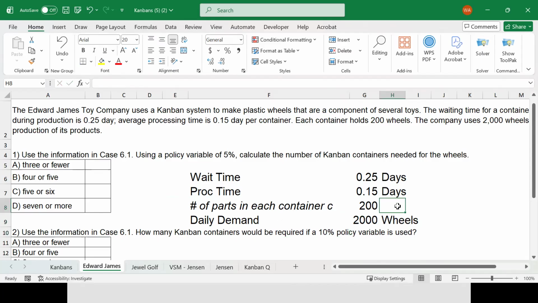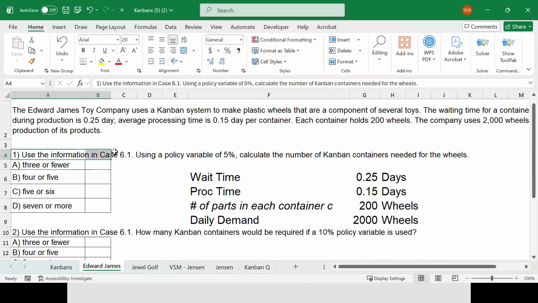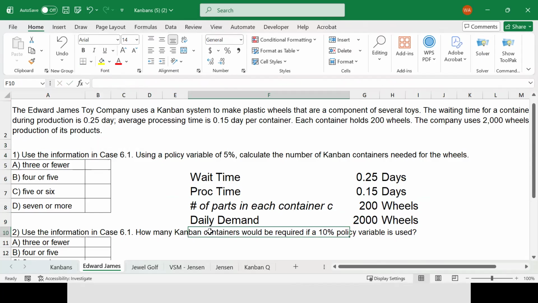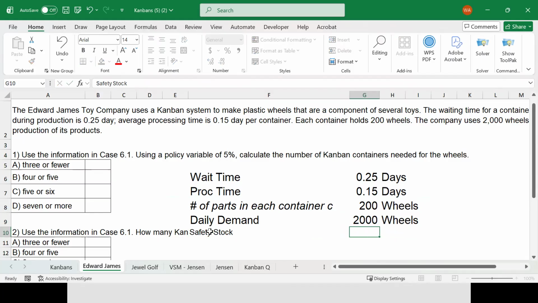Okay, and with this, what's the question we're told here? The first question is to use the information above and a policy variable, which is our safety stock. Safety stock is 5% of inventory. And we're told to calculate the number of Kanban containers.